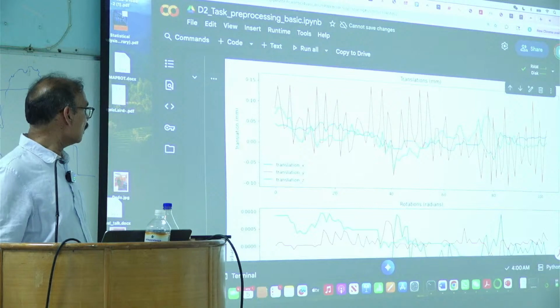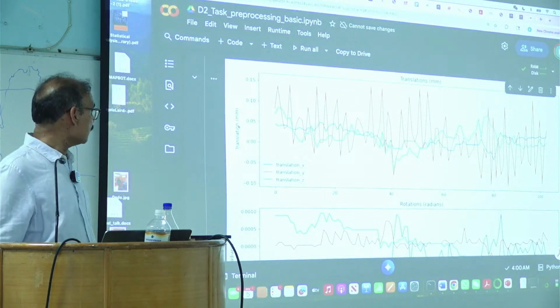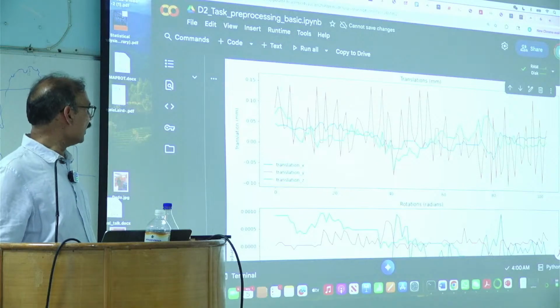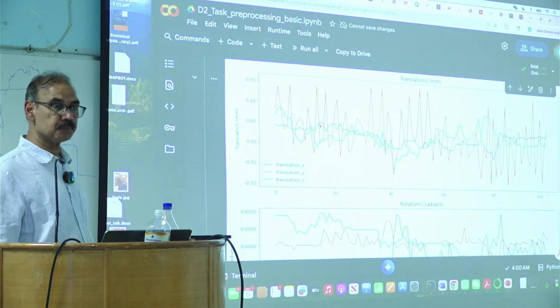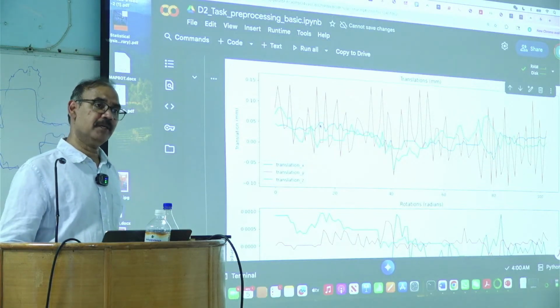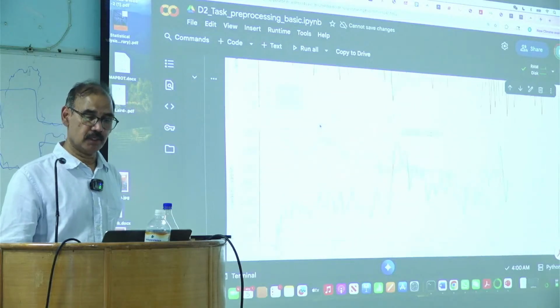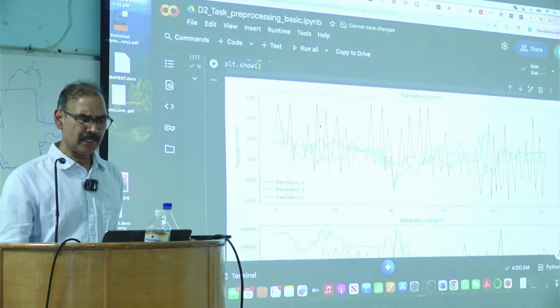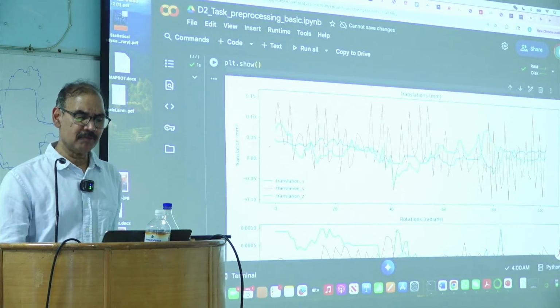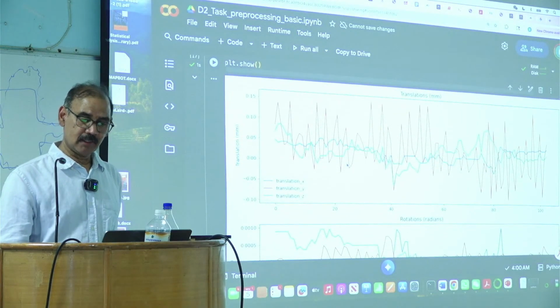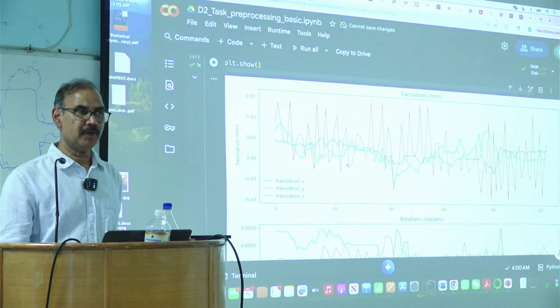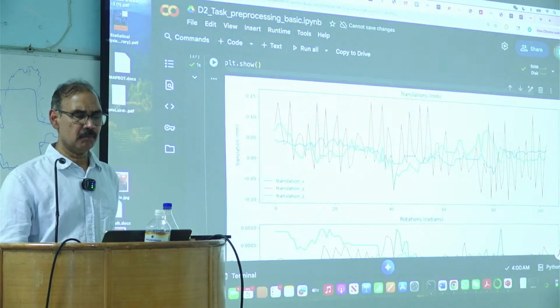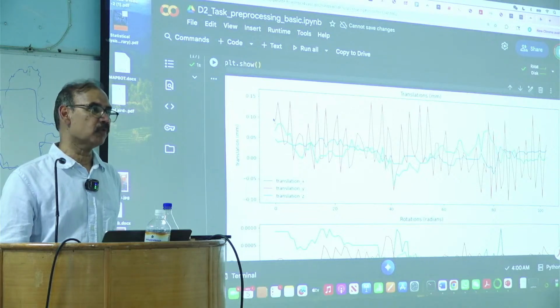And as we discussed yesterday, because the translation is fairly small, like 0.15 at most, the subject did not move much, right? And similarly for rotation, right? I should say that we would consider this good, because even if someone tried, it's very hard to move less than 0.1, right?